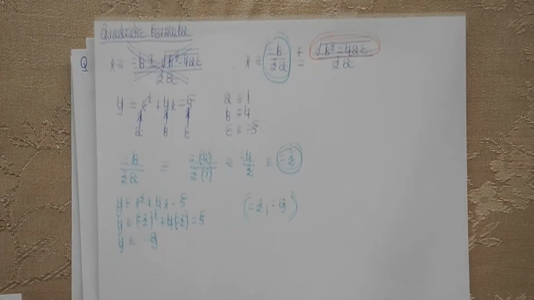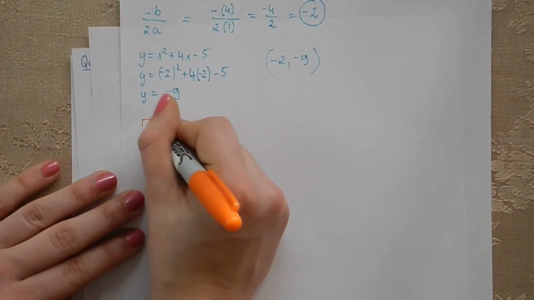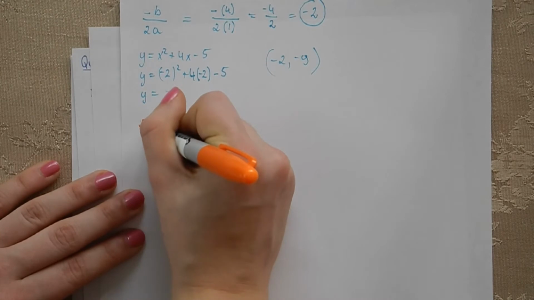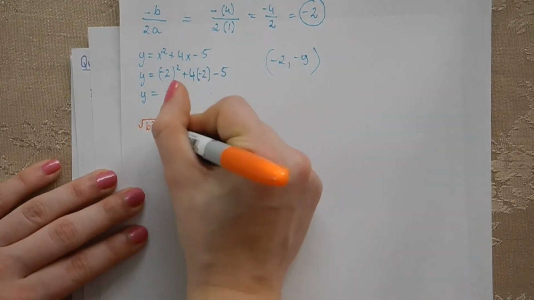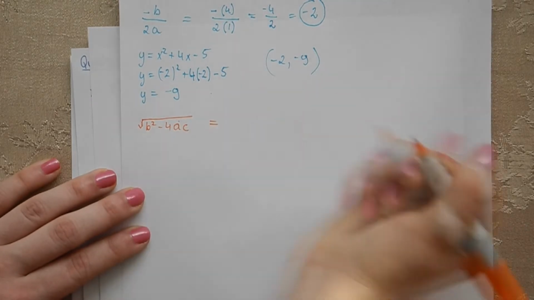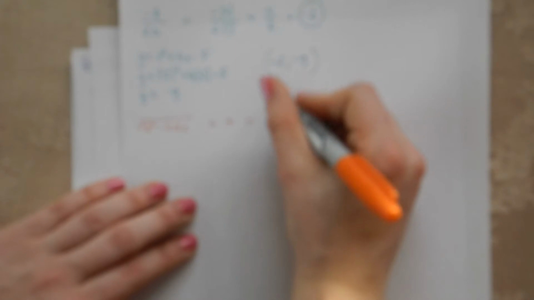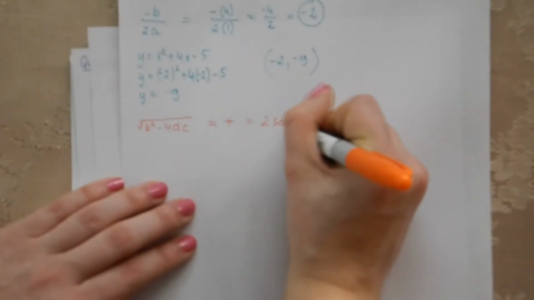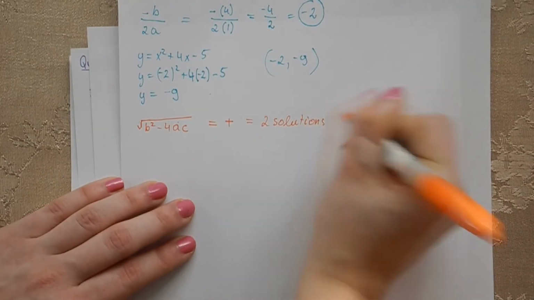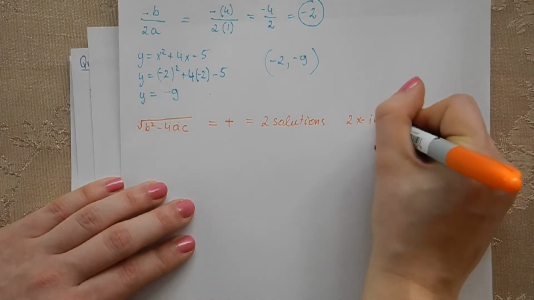So if, for example, b squared minus 4ac is positive, that will let us know that there will be 2 solutions, in other words, 2 x-intercepts.